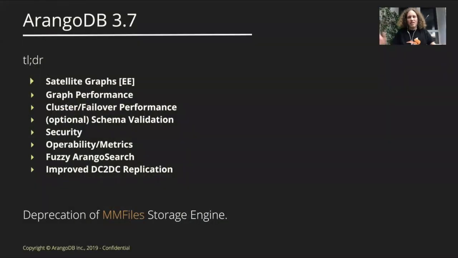So kind of the TLDR, the short version of this entire webinar. What is in 3.7? So we got satellite graphs. We got a number of graph performance improvements. So especially if you run graphs at scale, if you want to do large traversals, this is going to be your release. We have a number of cluster and failover performance improvements.